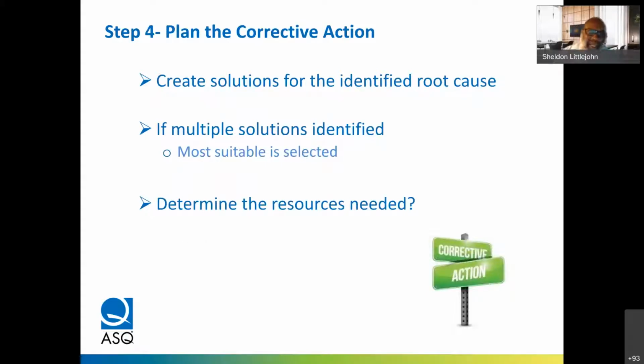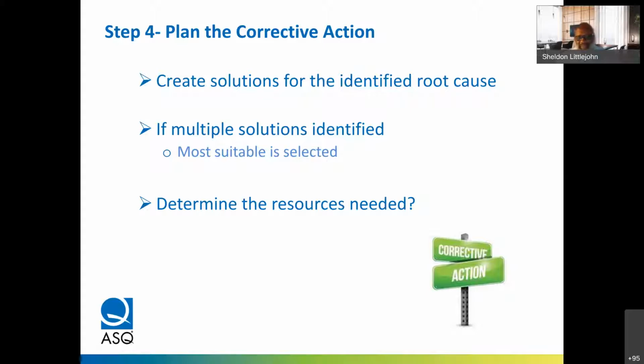Next, we look at planning the corrective action. So we create solutions for the identified root cause. If it's a machine that's out of control, we look to see how we can make repairs to it to ensure that we reduce the variation so it can actually meet the process capability.